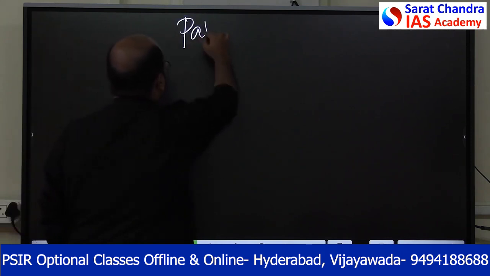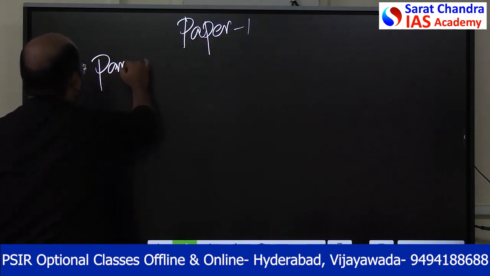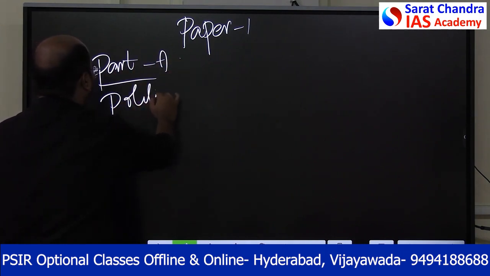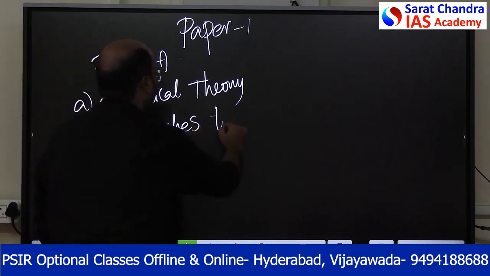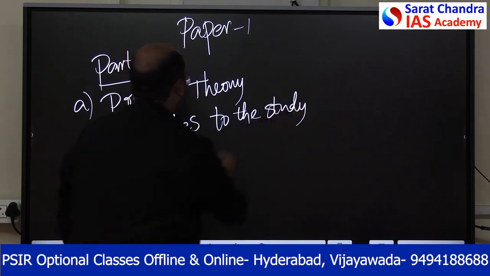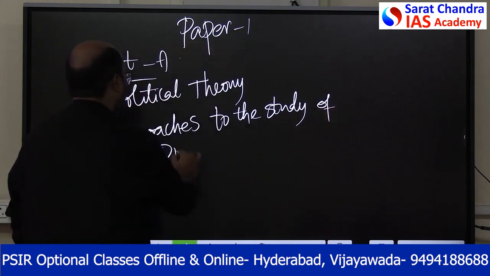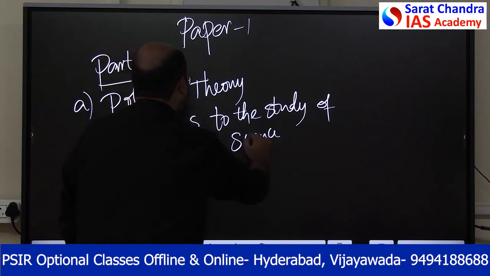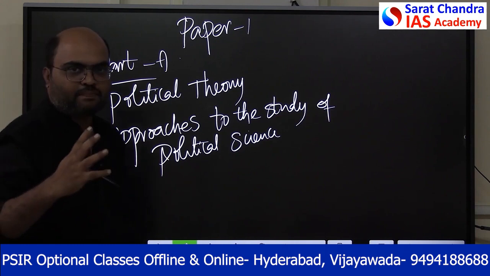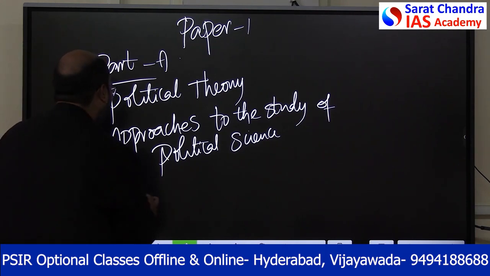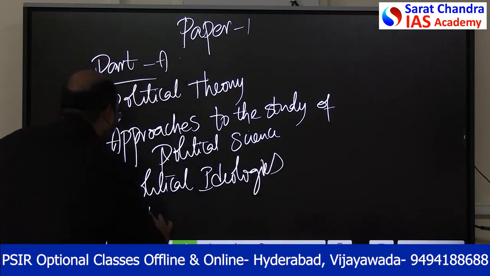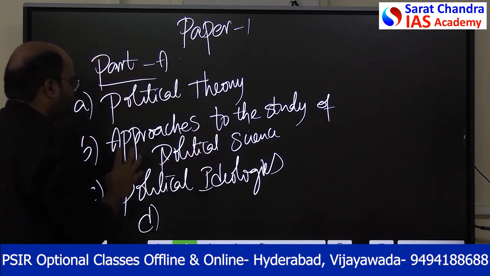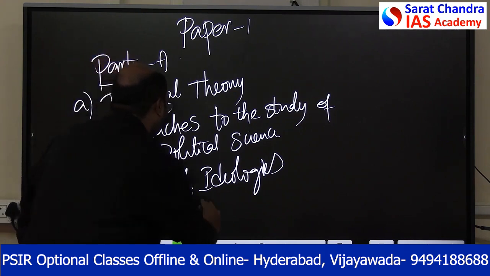So in paper 1 of the PSIR optional, in part A, we have political theory, and later we have different approaches to the study of political science, and later we also study in part A of paper 1 political ideologies, and lastly, the fourth component of the first part is about the political philosophers.